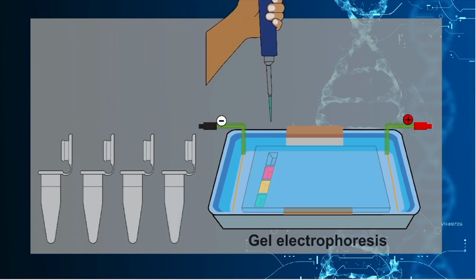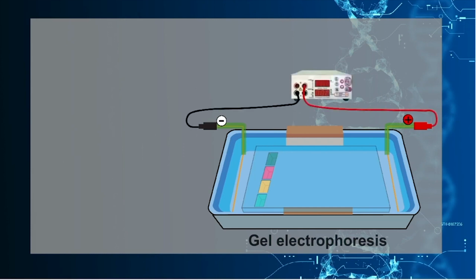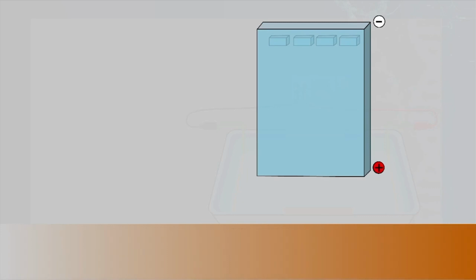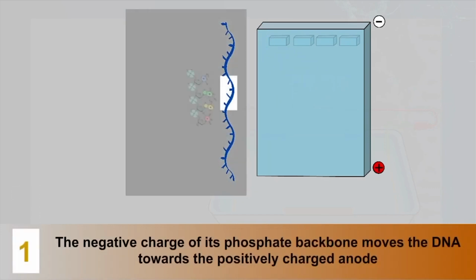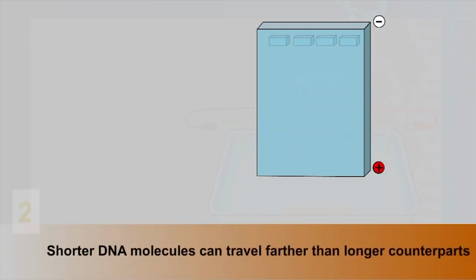So you load the 4 reactions, connect it to the power pack and turn it on. When you turn it on, the DNA is going to run from the negative to positive, because the DNA has a phosphate backbone, and that gives the negative charge to the DNA. So because of the negative charge, it goes towards the positive electrode in the gel electrophoresis.